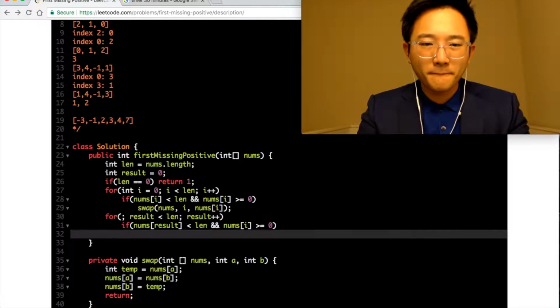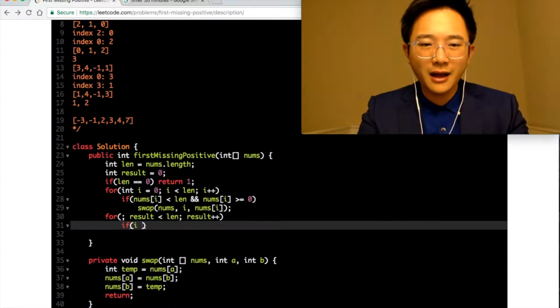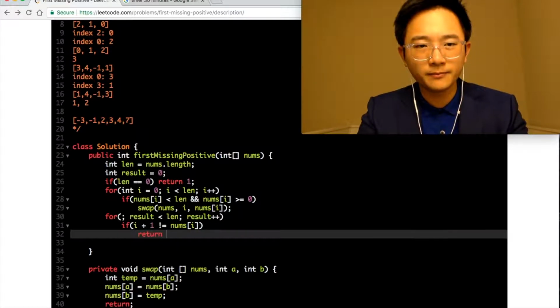So if i plus 1 is not equal to nums[i] then we'll return i plus 1.